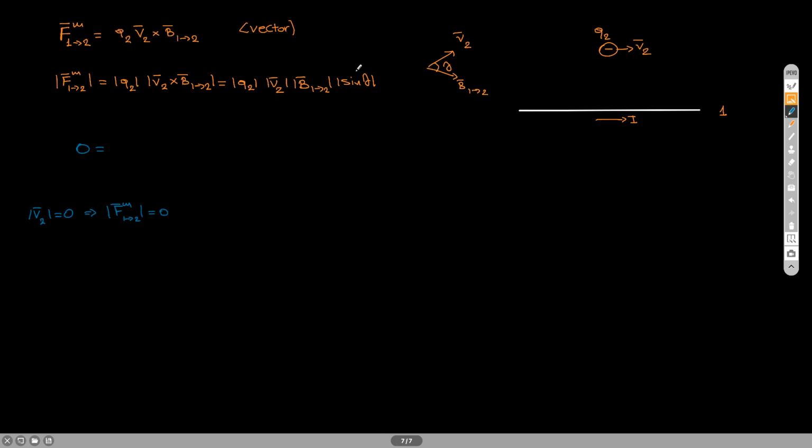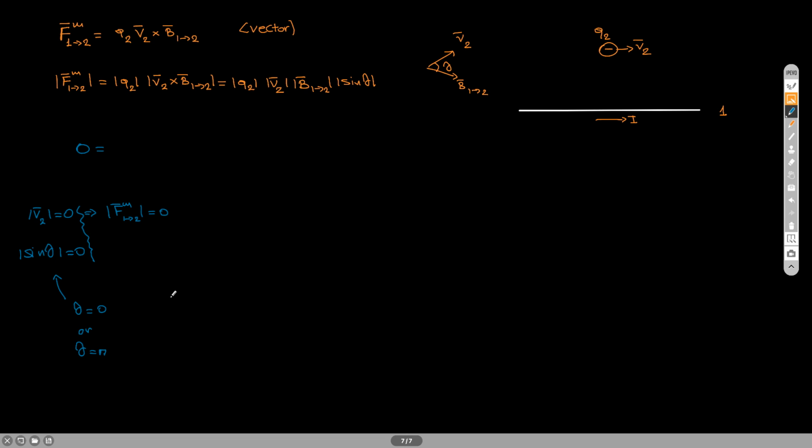And the other case is if the sine of theta is 0, then the magnetic force will be 0. Now, for the sine of theta to be 0, the way that I can make that happen is if the angle theta is 0 or pi.